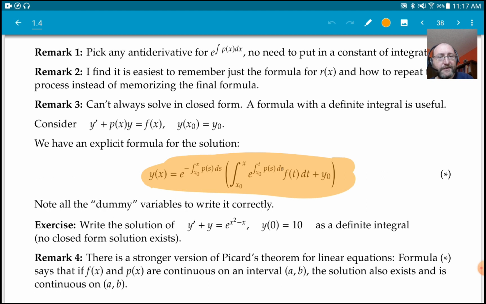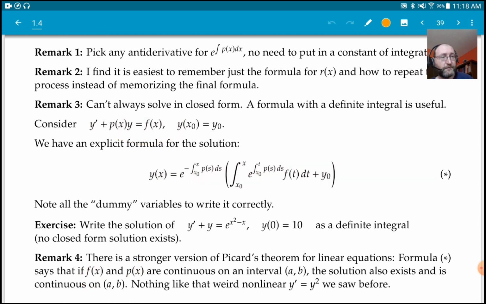Because you have a formula, you get solutions whenever the f and the p are continuous functions. So on whatever interval this thing makes sense, the solution is going to make sense. So that's a stronger conclusion from Picard.